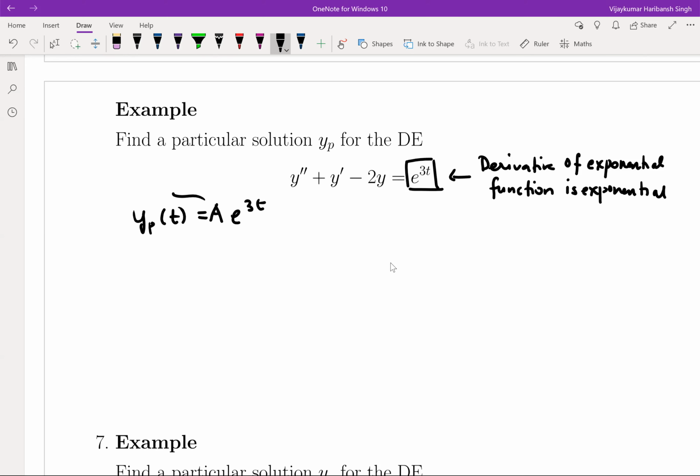This is why the method is called the method of undetermined coefficients. And we'll find what this undetermined coefficient is.